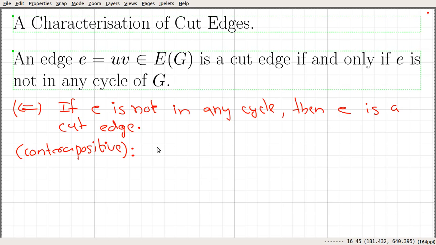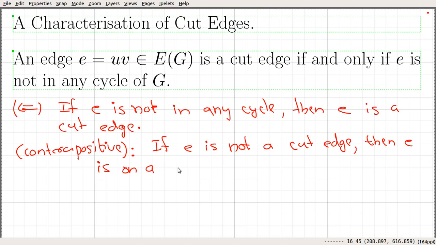So the contrapositive of this statement reads as follows. If E is not a cut edge, then E is on a cycle in the graph G. So we are going to prove this statement here.